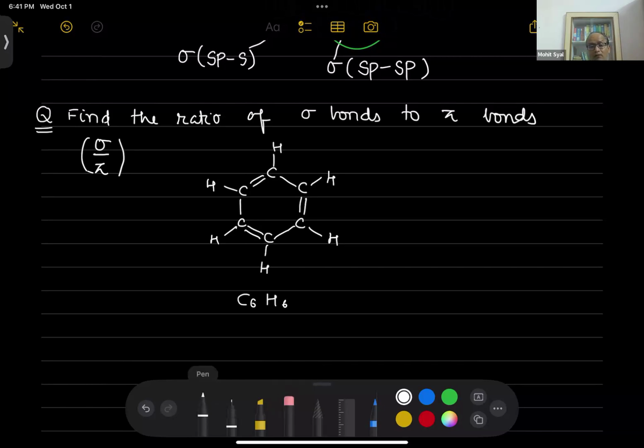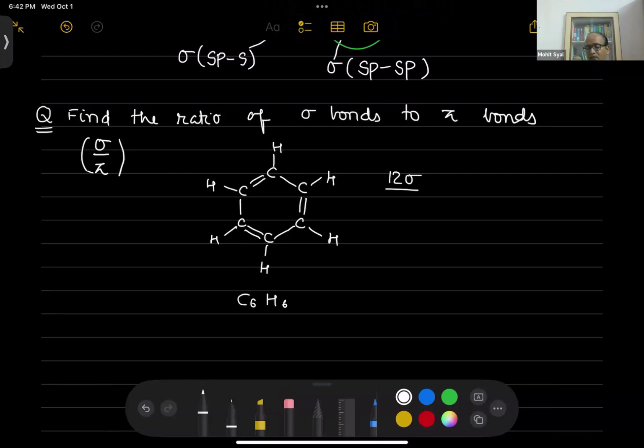If you are asked for the molecule, count the total sigma bonds divided by total pi bonds in the molecule. Sigma bonds are 12, and the pi bonds are 3. Yes, absolutely correct. So there are 12 sigma bonds.